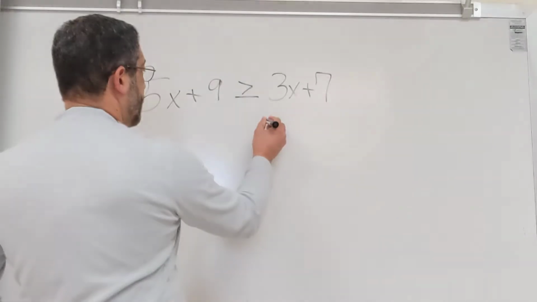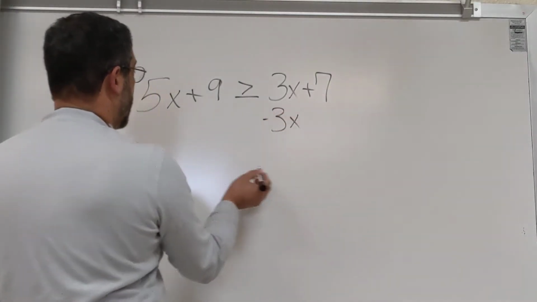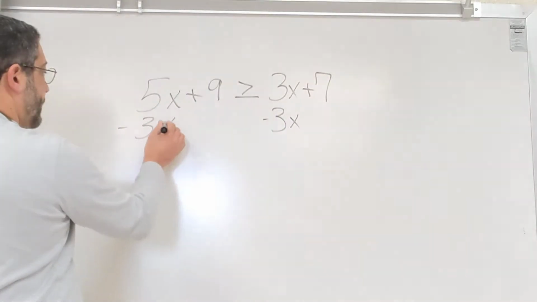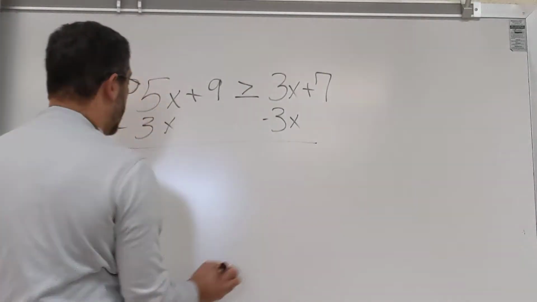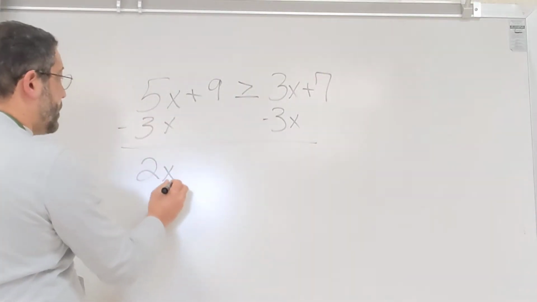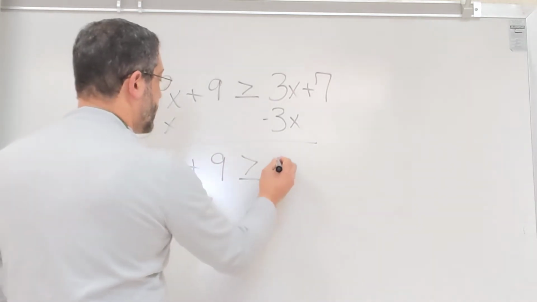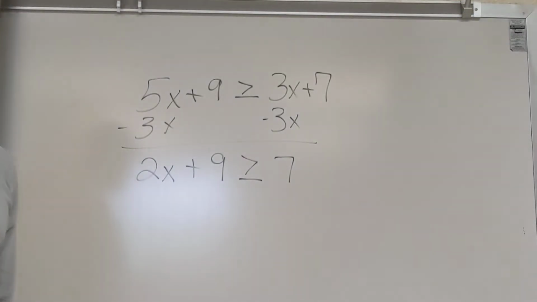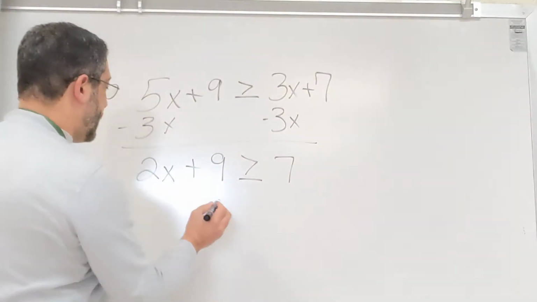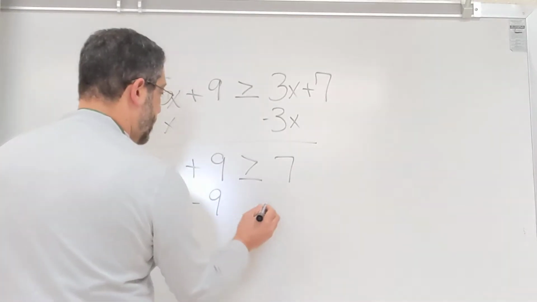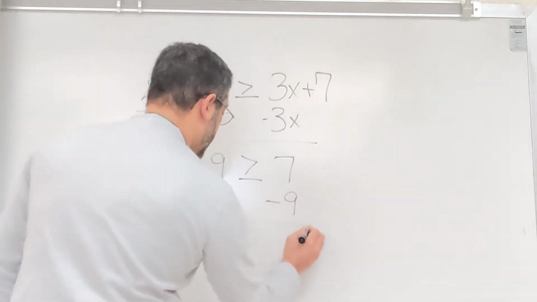So I'm going to move my 3x over here. So the opposite of the positive 3x is to subtract 3x. So that leaves me 2x plus 9 is greater than or equal to 7. Then since I'm adding 9 over here, I'm going to subtract 9 from both sides.